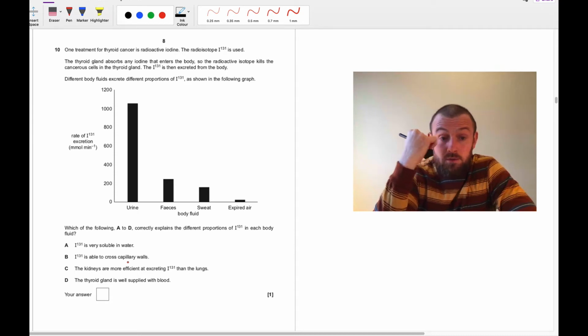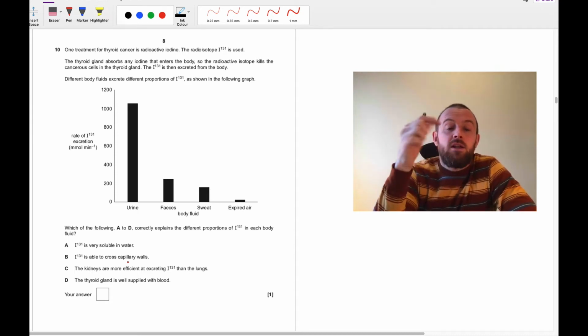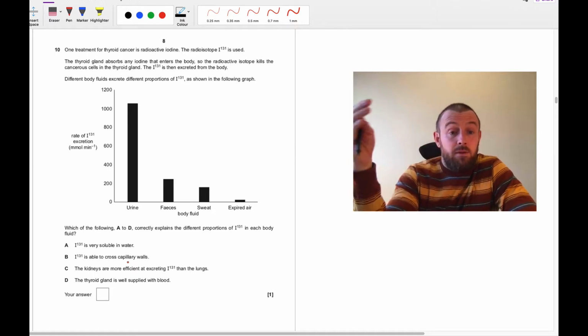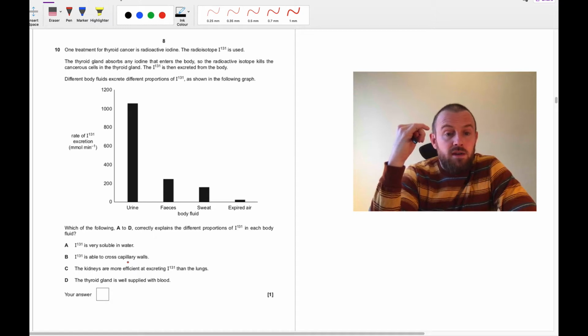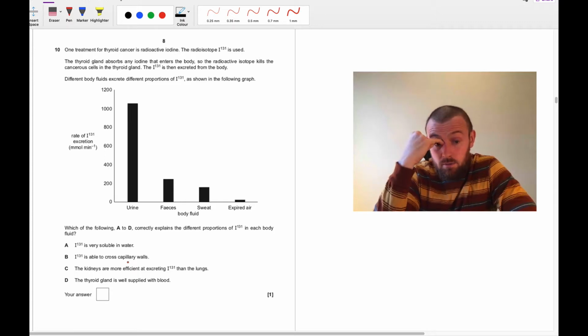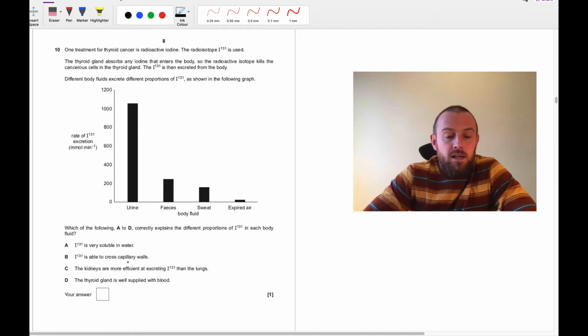The thyroid gland absorbs any iodine that enters the body, so the radioactive isotope kills the cancerous cells in the thyroid gland. The I-131 is then excreted from the body. Different body fluids excrete different proportions of I-131 as shown in the following graph. Okay, so most of it's coming out in the urine. Which of the following A to D correctly explains the different proportions of I-131 in each body fluid?